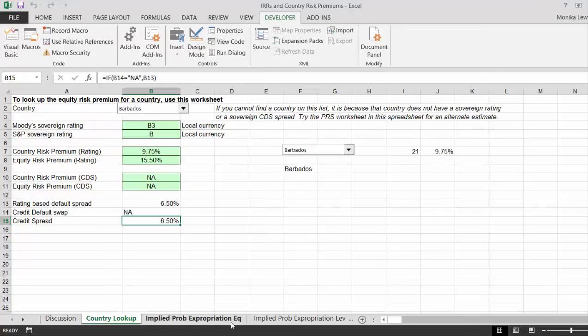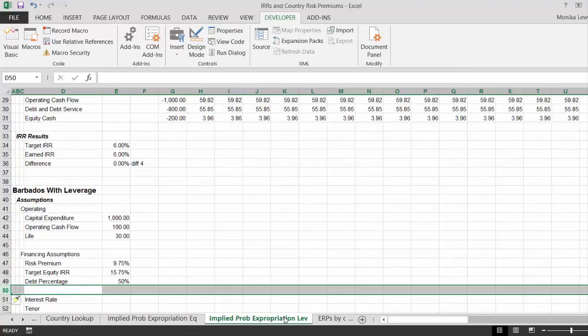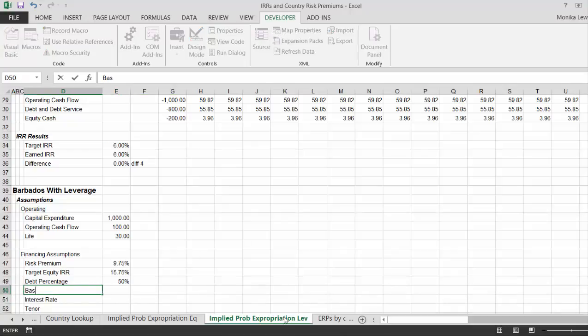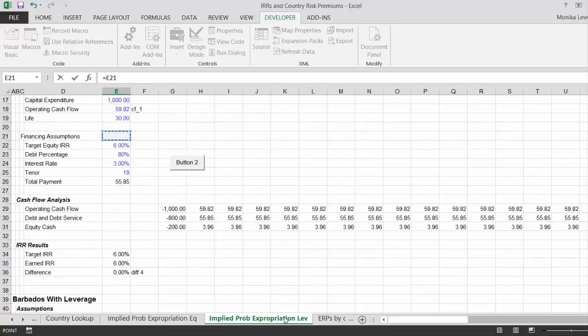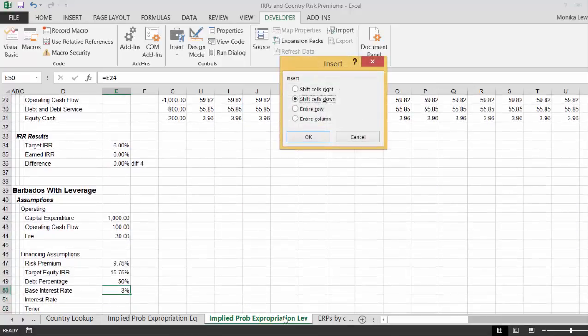It's not that much different than the probability of expropriation. So let's put a base interest rate, the same way we did before, and just use our German interest rate. Now you can go to another video on there. Oh God, it's really getting loud now.